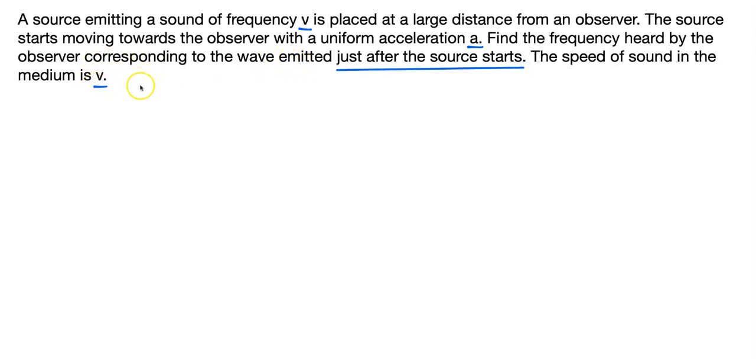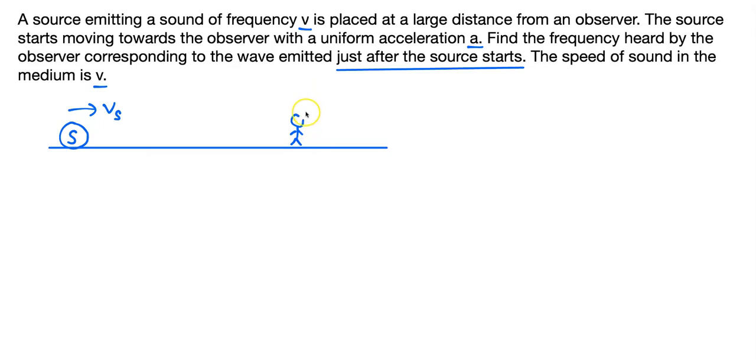Many of you may have recognized that this is a problem based on the Doppler effect of sound, right? Just a quick recap on what the Doppler effect is. Let's say this is the ground, and we have a source S that's moving with a speed Vs, which stands for speed of the source, and an observer, our usual stickman, labeled O, moving with a speed Vo, the speed of the observer.